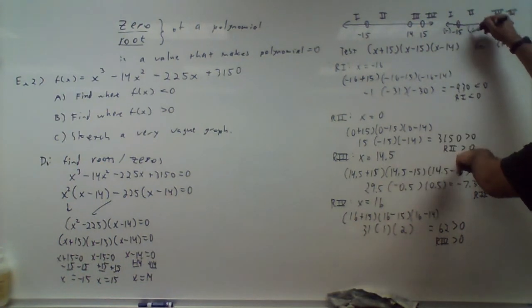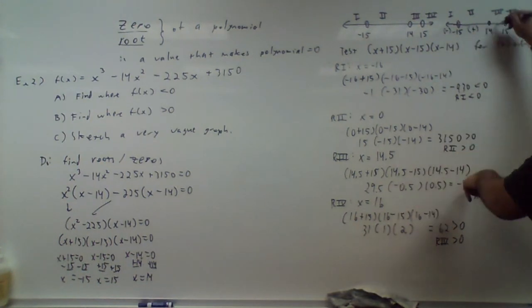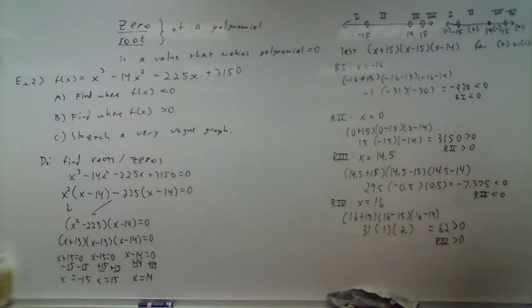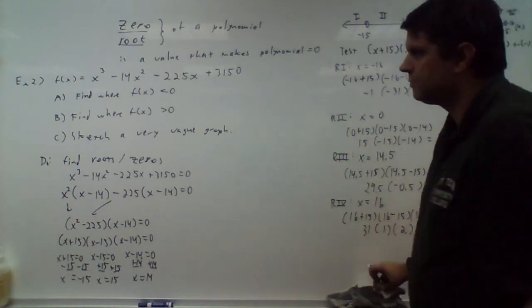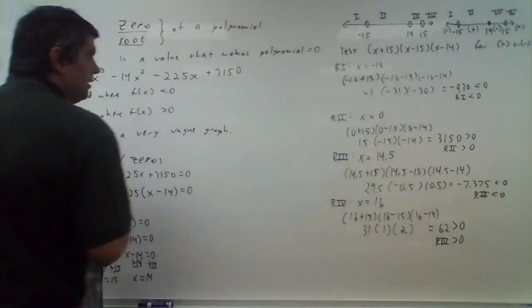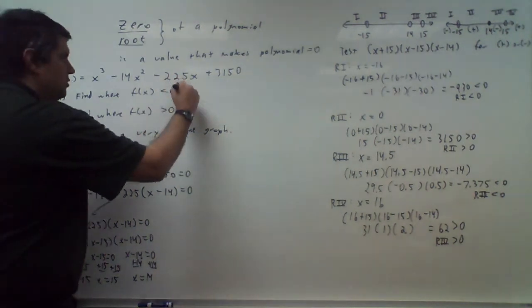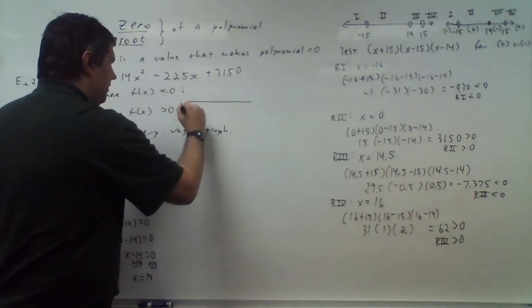Region 2 is positive, region 3 is negative, and region 4 is positive. Okay? That's going to help me identify which is which. Okay? So the answers for this one and for this one.